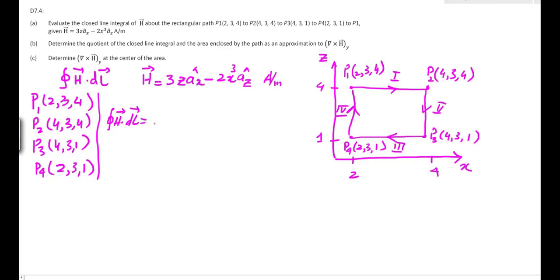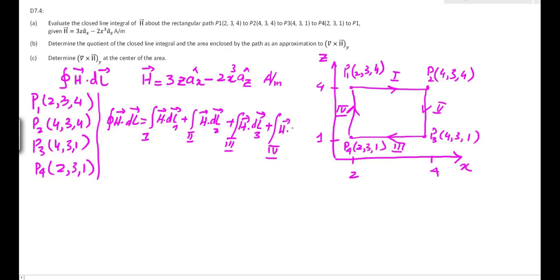So the line integral of path 1 is the integral of H dot dl1, plus the line integral of path 2, H dot dl2, plus the line integral of path 3, H dot dl3, and the line integral of path 4, H dot dl4. So we have to solve this line integral, and we will solve these integrals for each path.